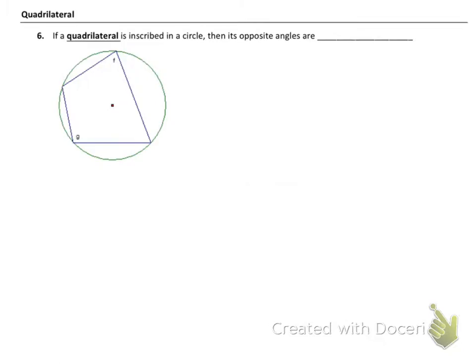The very last one we're going to cover is what happens if I have a quadrilateral inscribed in a circle. Then its opposite angles are going to be supplementary.